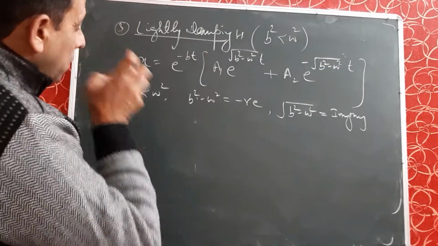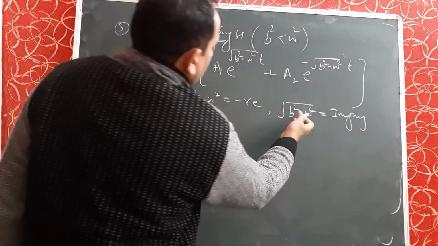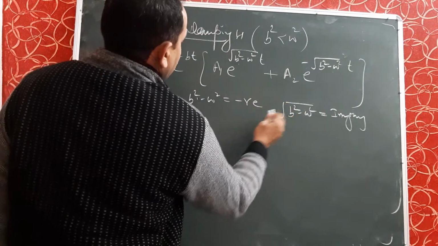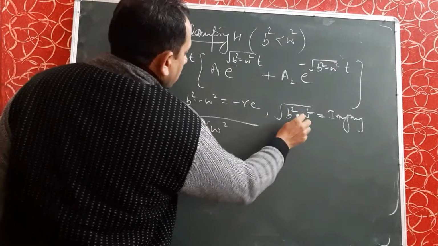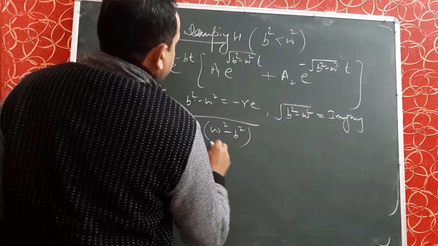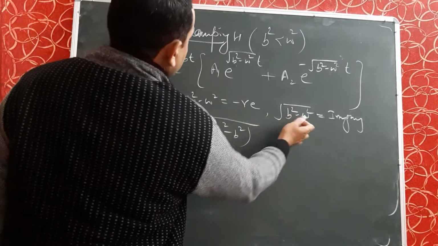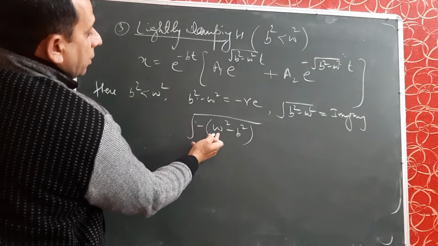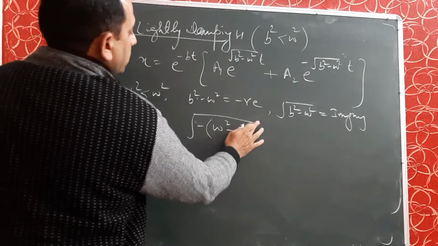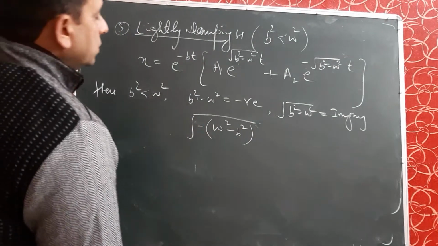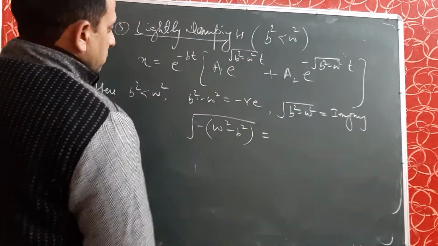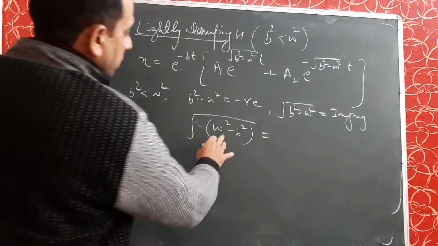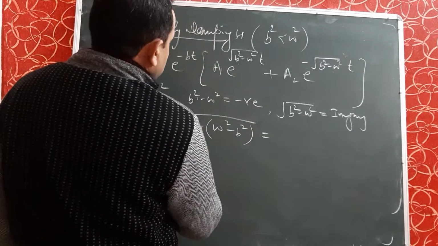So, we may write this b square minus omega square, taking negative common, as minus of omega square minus b square. So, I have taken the minus sign as common within the square root. Why did I do this?